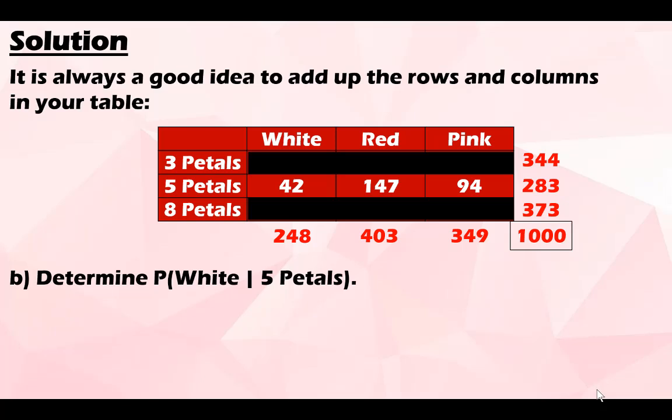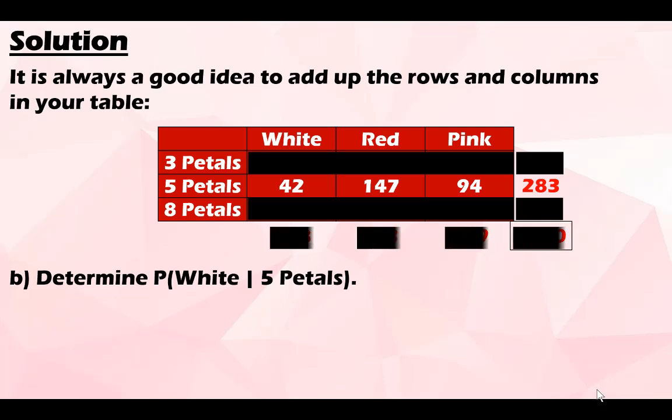We can also cross off the 344 and the 373 because those were the sums of the crossed off rows. In addition, we should cross out any value that was computed using a value from a crossed out row. That would be all the numbers across the bottom. Those go too. So now our entire universe is just 5-petal flowers.